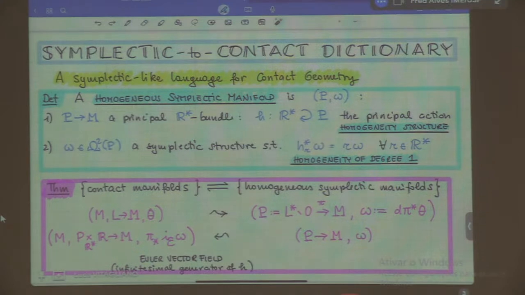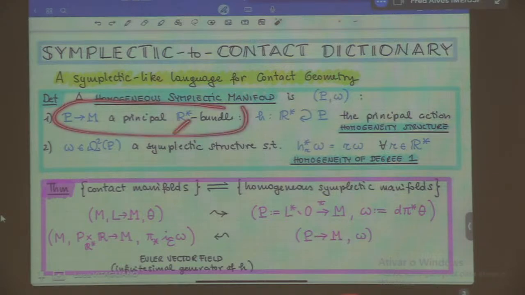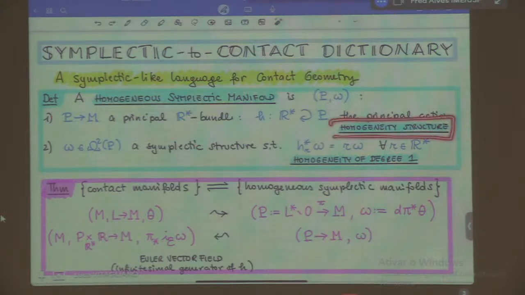So I begin with the notion of homogeneous symplectic manifold. This is a principal bundle with structure group the multiplicative group of all nonzero reals, so this is just R minus 0 with the multiplication. The principal action is usually called the homogeneity structure.